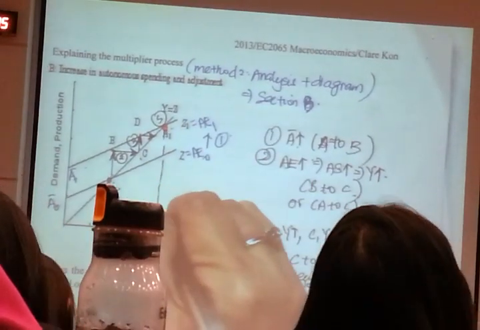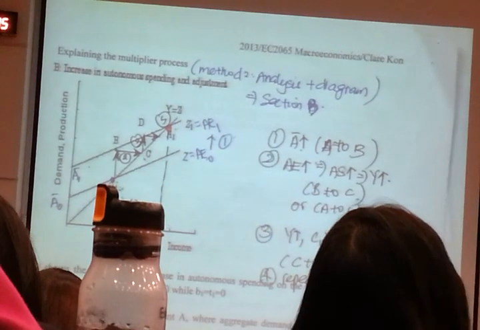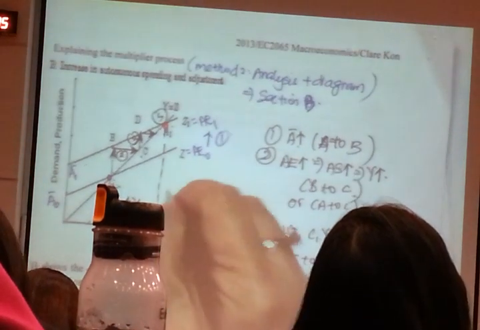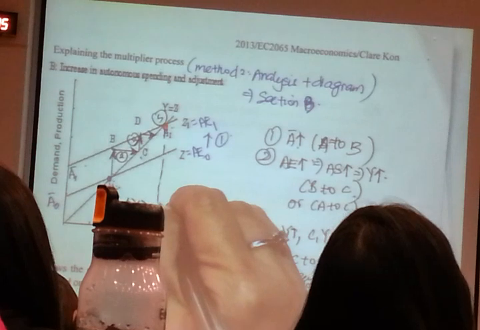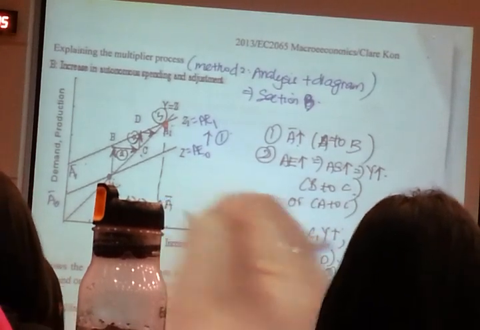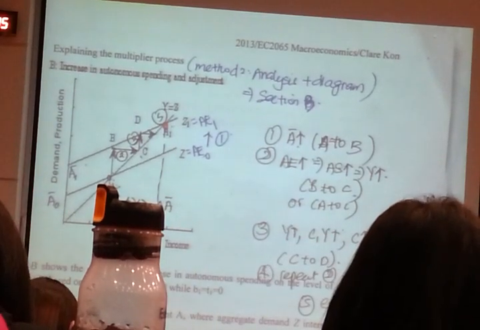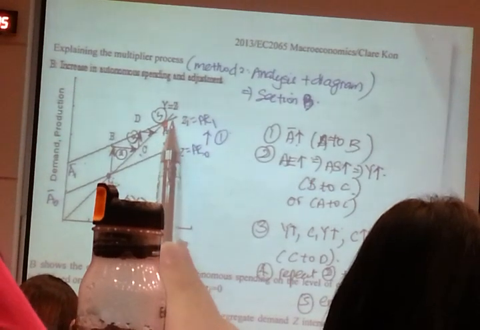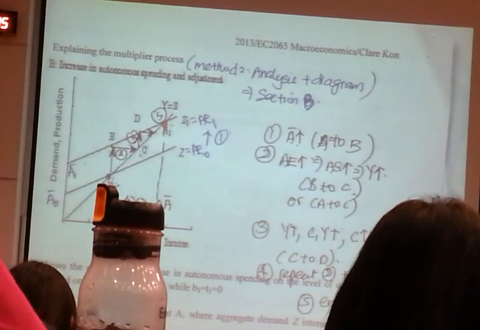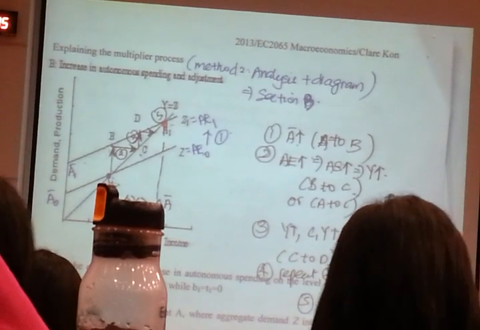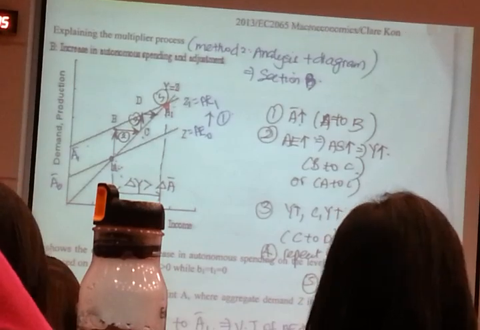This amount is the change in Y. And diagrammatically, you can see it's definitely more than the change in A bar. So the process from point A to A1 is called the multiplier process. Okay, so it's not easy, but don't focus too much on this.